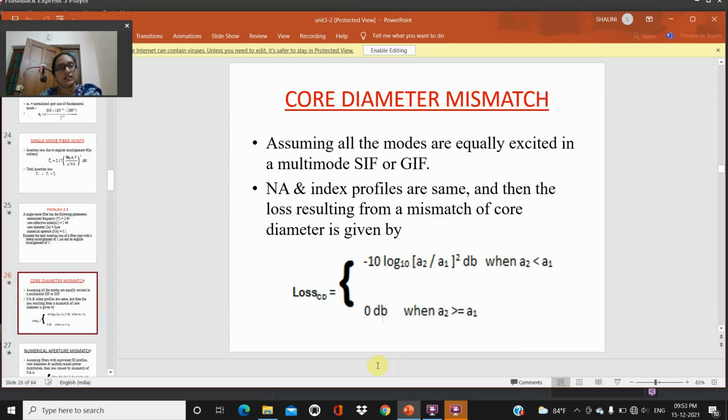Loss of core diameter is equal to minus 10 log 10 of (A2/A1)^2 dB, and 0 dB when A2 is greater than or equal to A1.